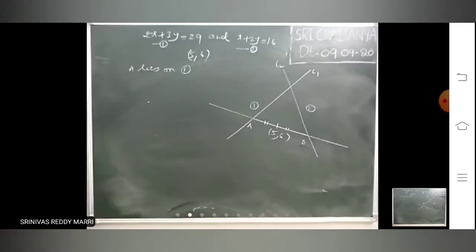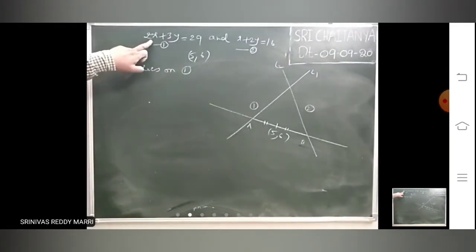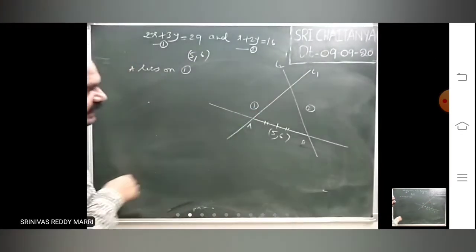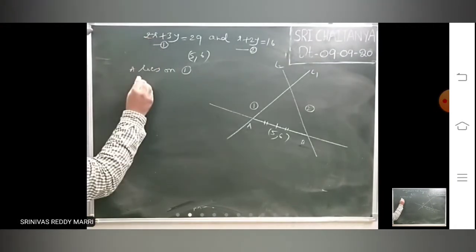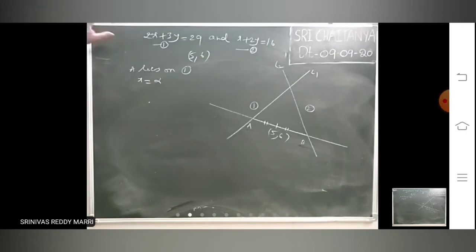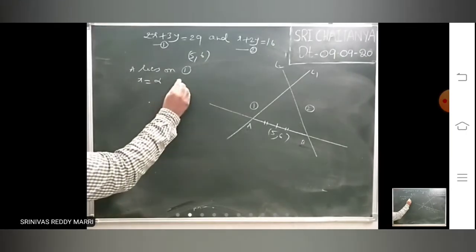The point A lies on line L1 clearly. So I will take that point in a single variable. Let us take x equal to alpha. Any point on the line can be taken like this.